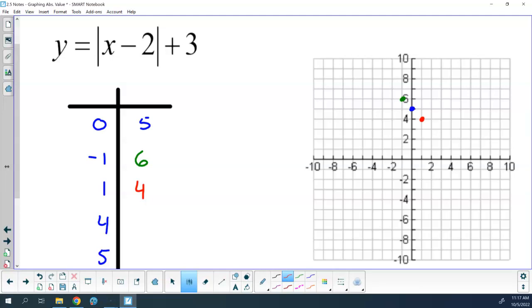4 minus 2, 2, absolute value, 2 plus 3, 5. 5 minus 2, 3, absolute value, 3 plus 3, 6.